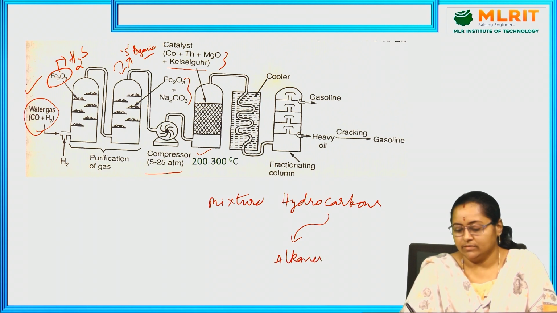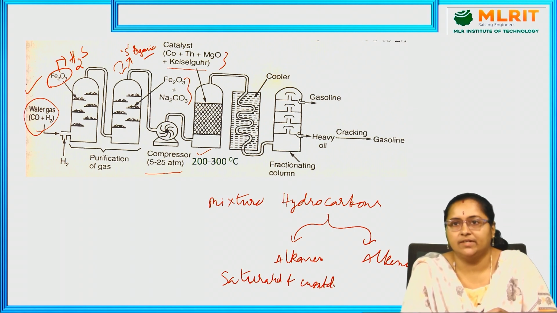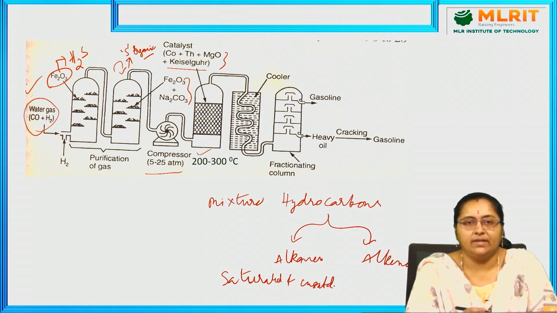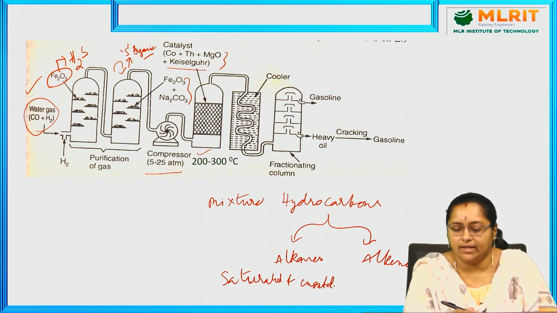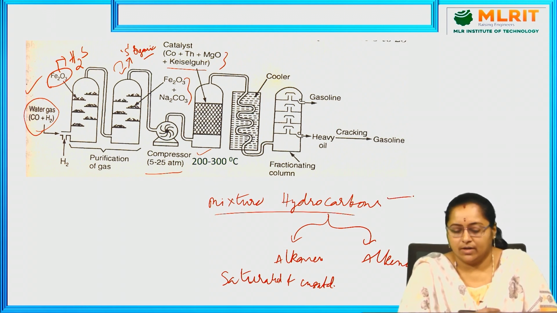Alkanes and alkenes, that means saturated and unsaturated hydrocarbons. The entire treatment is completed in the converter itself, which is maintained at 200 to 300 degrees centigrade, so that we can expect the formation of a mixture of hydrocarbons.